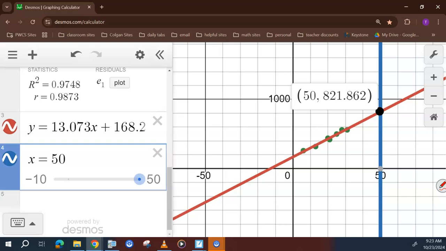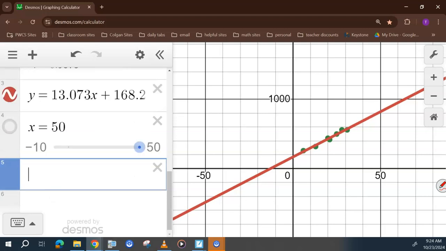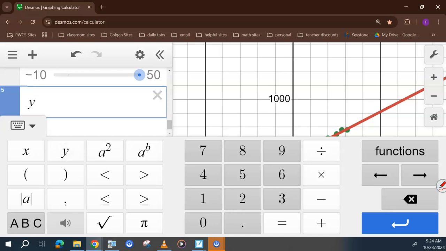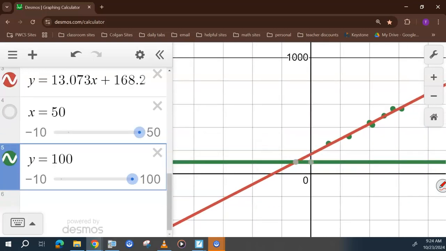Yes. Did you click the magnifying glass? With the table at the bottom of the table. Oh, yeah. I could do the same thing with y as well. So let's say I wanted to find my x value when y was 100. Then I would look at where those two lines cross, and that x value would be my answer.